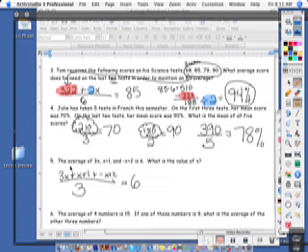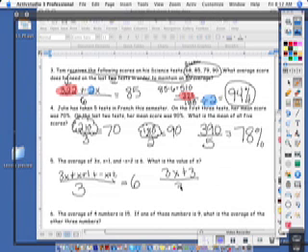Like 3x plus x is 4x. Then minus an x, so now we're back down to 3x. And then you can do 1 plus 2, which is 3. You can jump around and add things in any order you want. So that numerator simplifies to 3x plus 3. Hopefully you at least got that part.